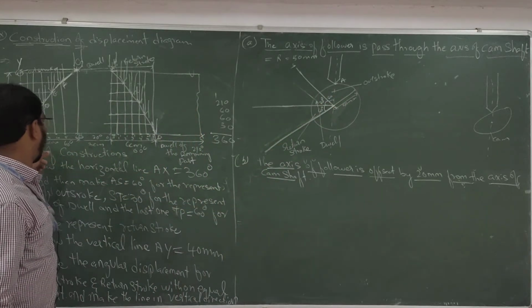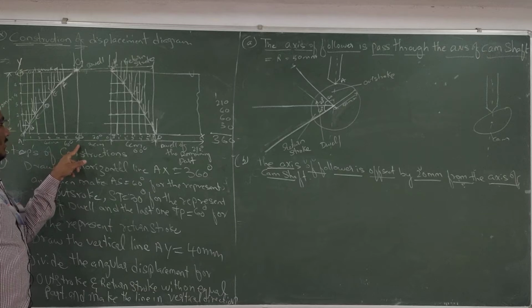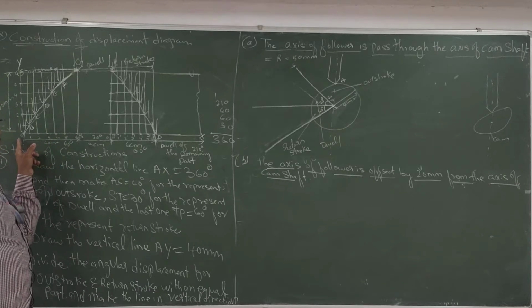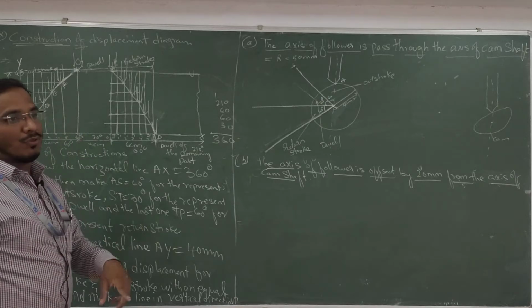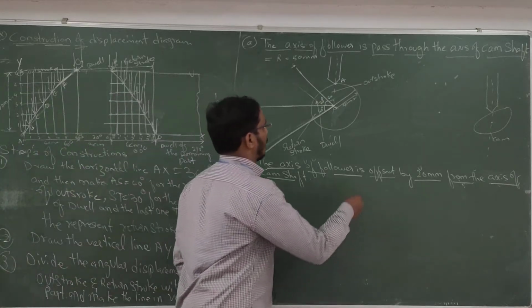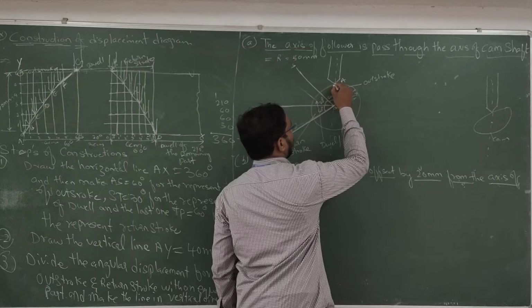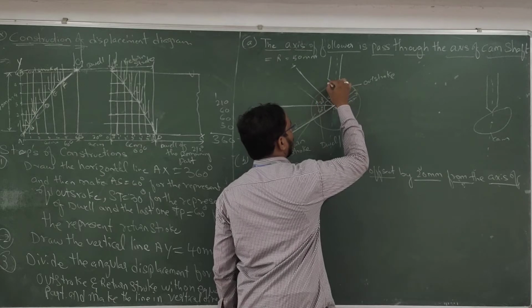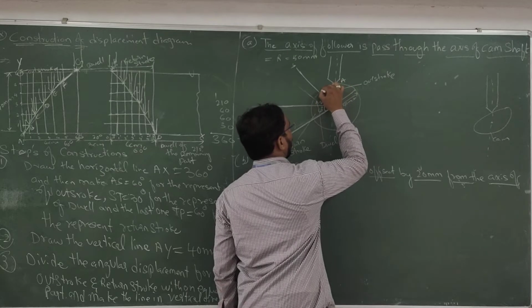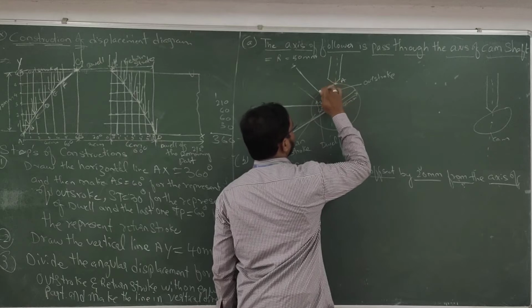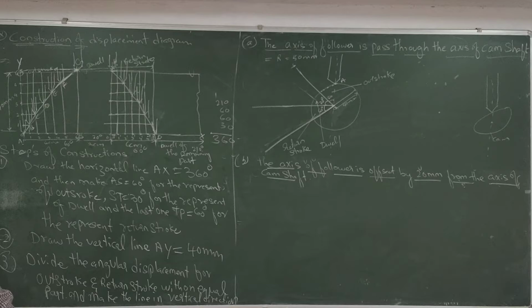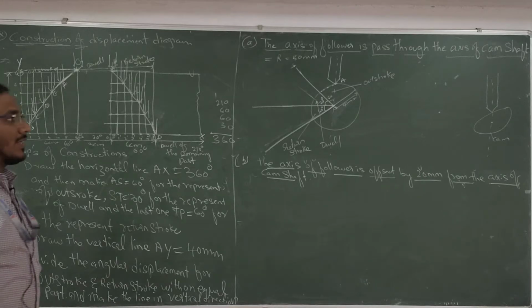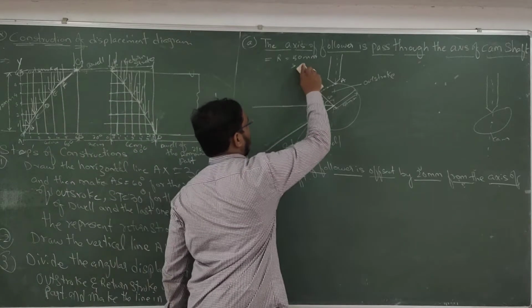You already made equal individual parts from A to S in the outstroke in the displacement diagram. As you did there, you have to make them here also. In this curve, 1, 2, 3, 4, 5 and 6. This is a random figure, that's why I am drawing it roughly.